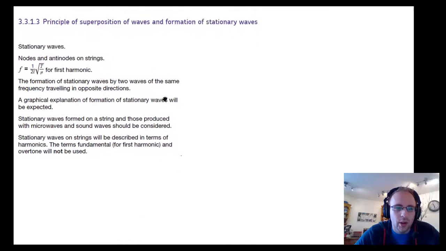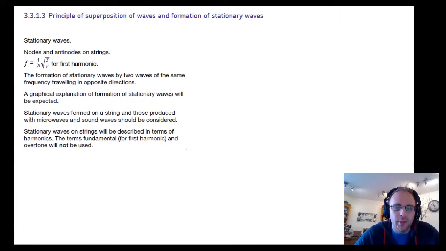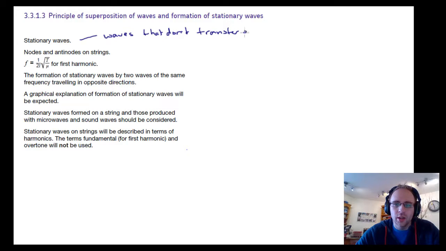Moving on. Principle of superposition of waves and formation of stationary waves. So, stationary waves are waves that don't transfer energy. They don't move, they don't transfer energy, they're just there being waves.